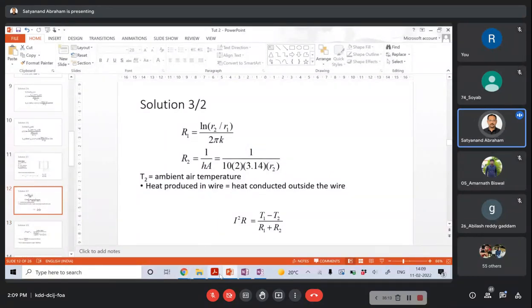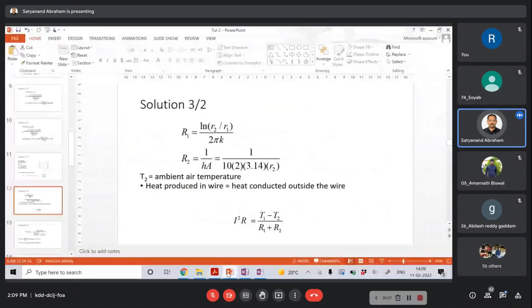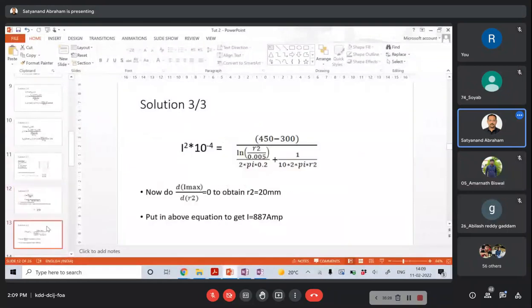The resistivity is given, ohm per meter unit length. So I square into R is directly given. So that is the total heat flux. And we know R2, so from there directly you can calculate I.